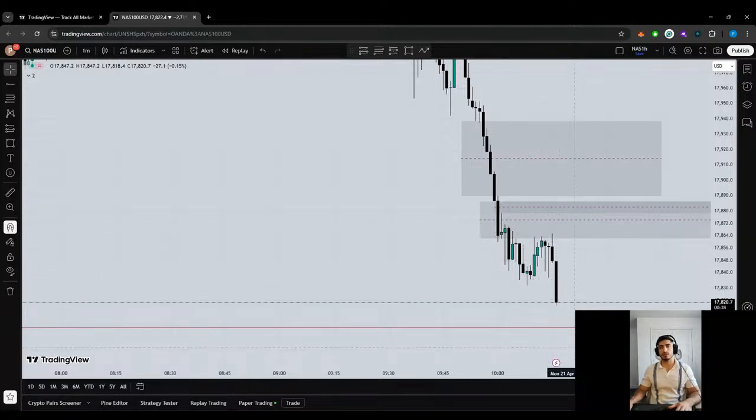So this takes the low and starts building its way back up to here like this.